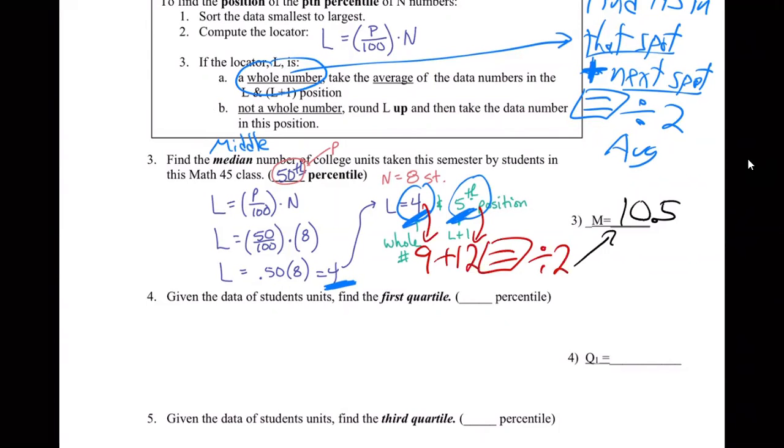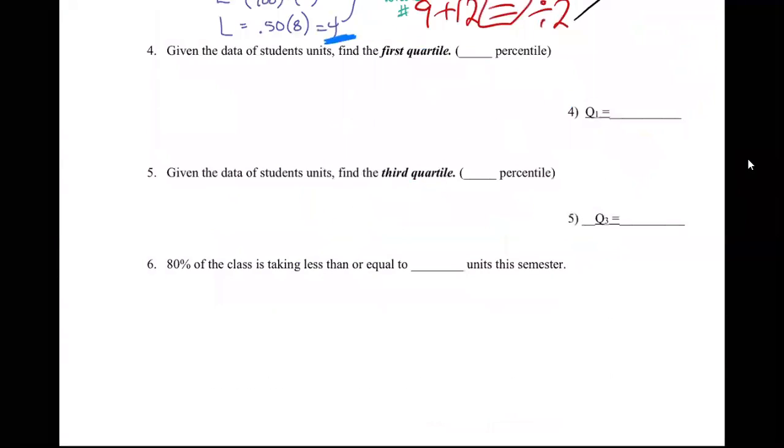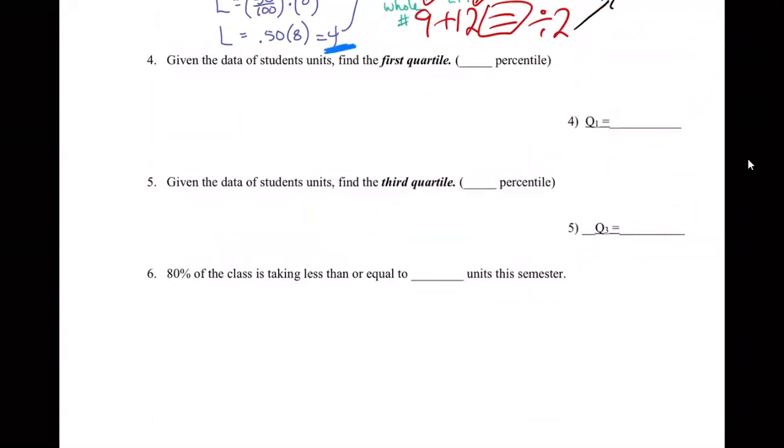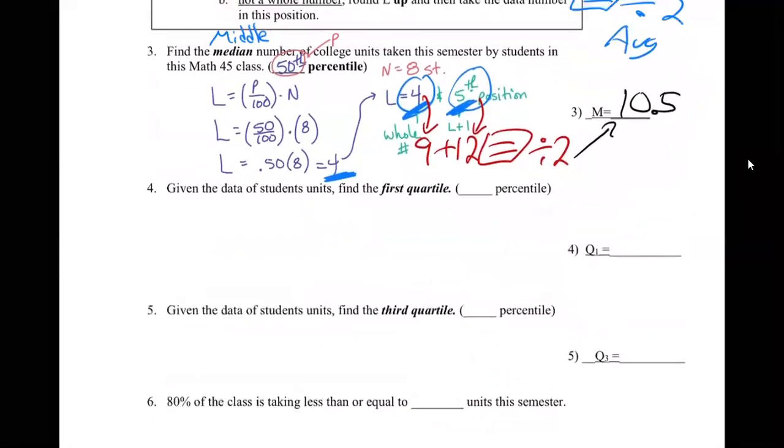Saying if that 4 was not a whole number, like 4.5, you would round that up to 5, and would you add 1 to it or just leave it as is? Yeah, you would round up and just take that number. We'll see that when we get to number 6.